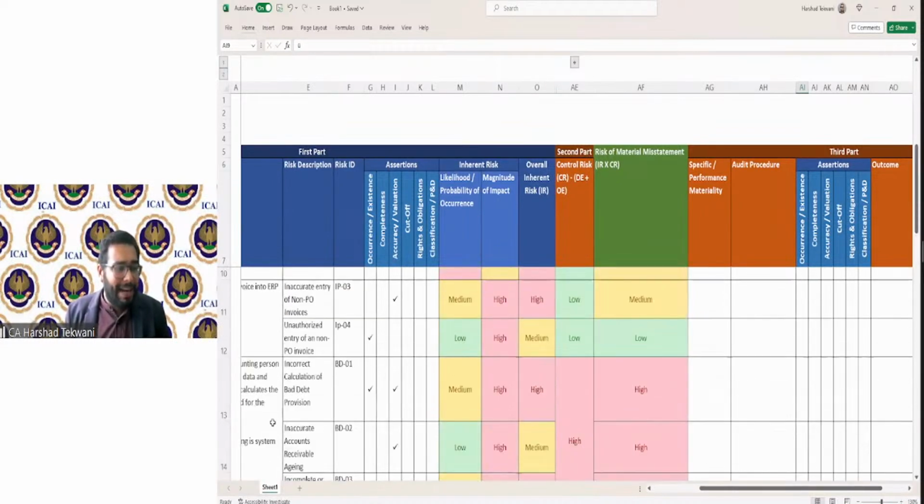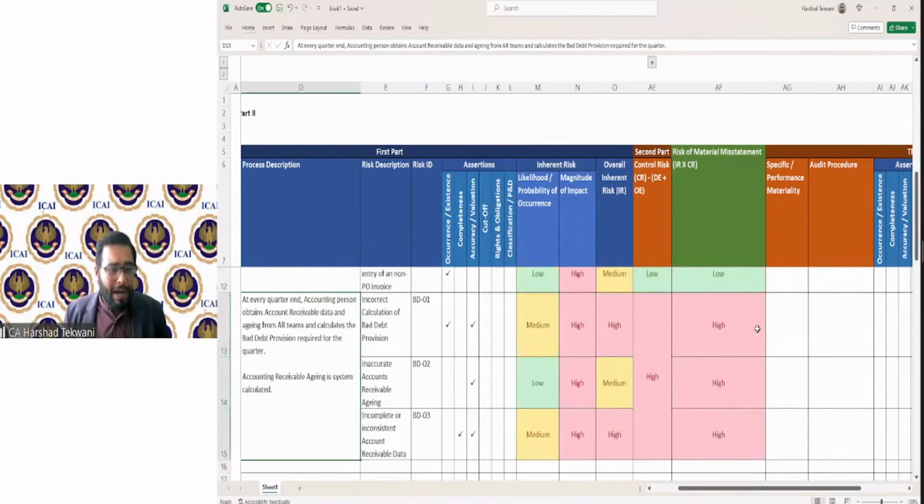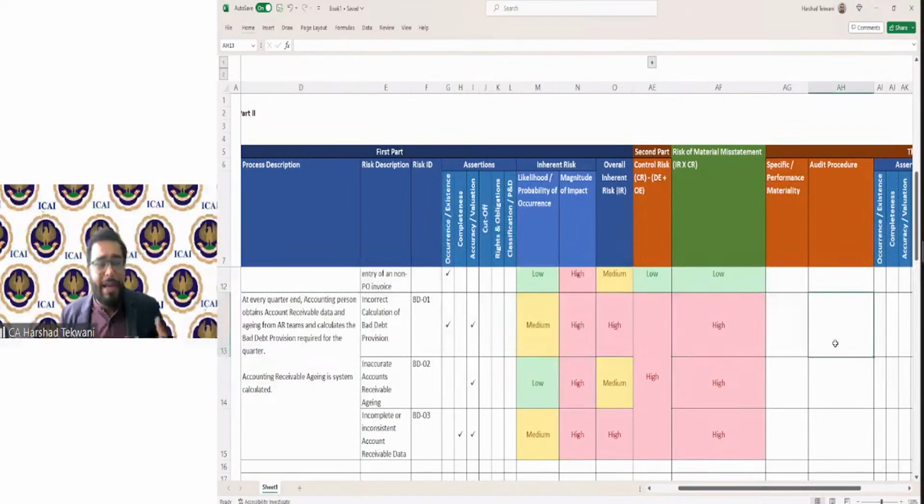Let's say this bad debt provision. If I have a risk of incorrect calculation, I may recalculate the bad debt provision for all the quarters.